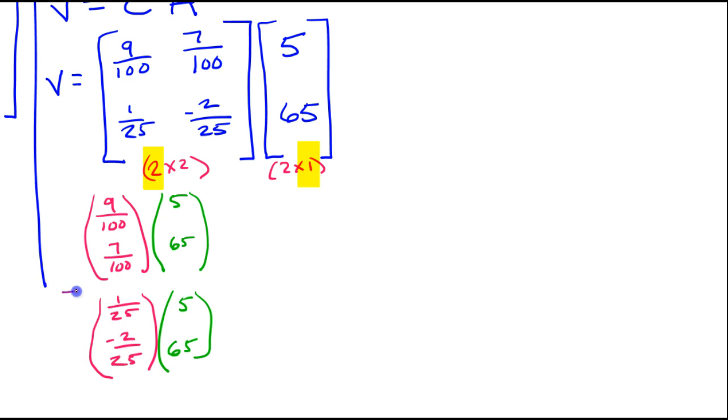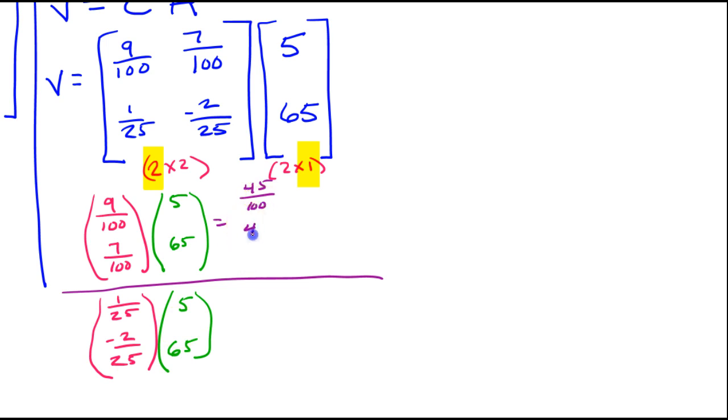But anyway, what I'm going to do is multiply these together, and then add the result. So 9 times 5 is 45. So I'm going to get 45 1/100ths. Now 65 times 7, I don't know what that is, so I'm going to put that in a 4-function calculator.